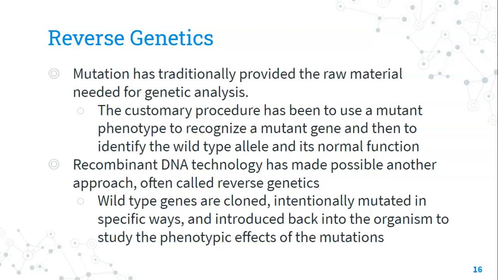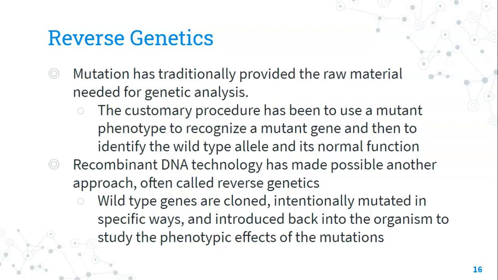But recombinant DNA has made possible a different approach. You clone wild type genes, right? You start with the wild type, and then you intentionally mutate them in different ways. You're taking your normal genes that would be found in a wild type organism, and you're purposely messing with them.